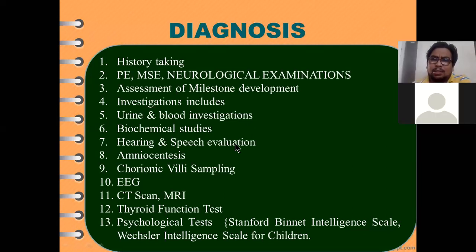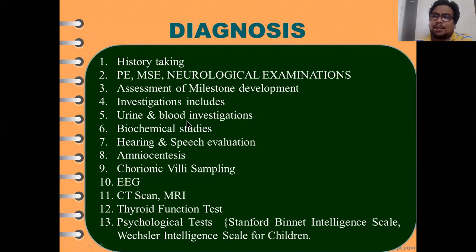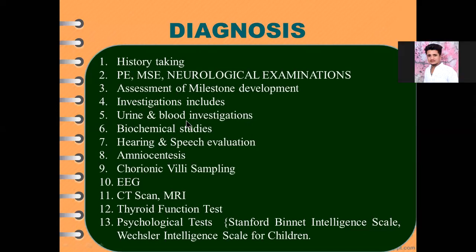You need to observe. The next thing you need to look at is investigations like blood and urine investigation. There you can suspect phenylketonuria or other hematological abnormalities or genetic impairment. You can do chorionic villus sampling, from the umbilical cord, where we collect the cells and assess them.